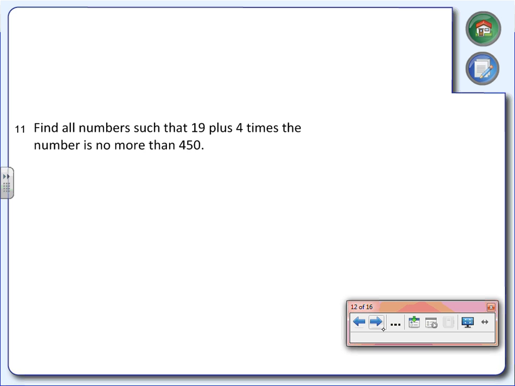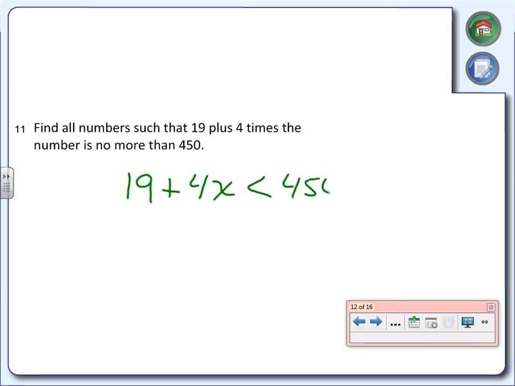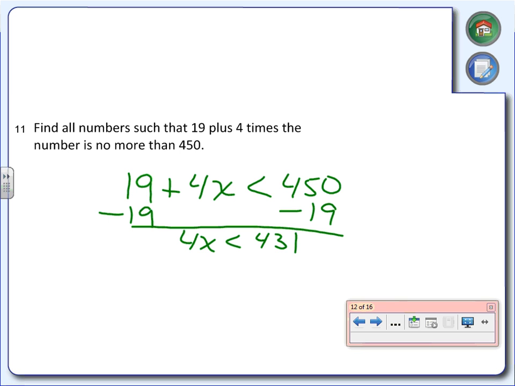Number 11, we kind of did one like this already. Find all the numbers such that 19 plus 4 times a number is no more than, so that's that less than symbol again, no more than 450. Just like I did earlier, I'm going to solve for x. I'm going to subtract 19. What did y'all get when you subtracted 19? 450 minus 19 is what? 431.